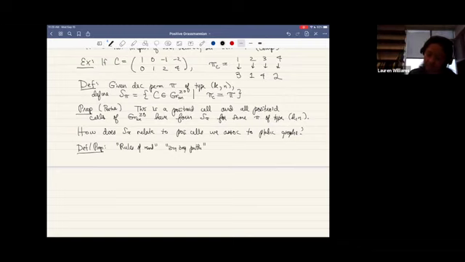Okay, so let G be a reduced Plabic graph with boundary vertices 1 through n.